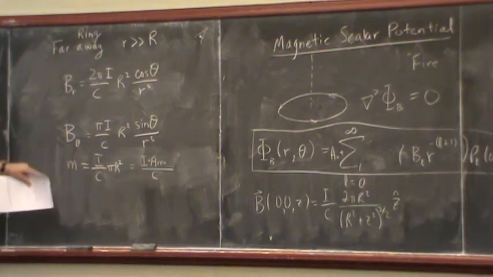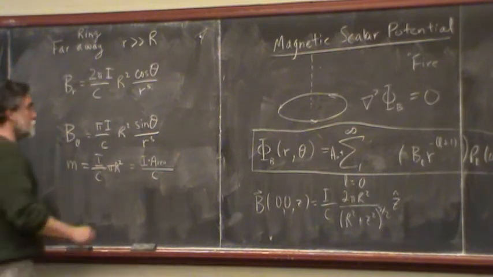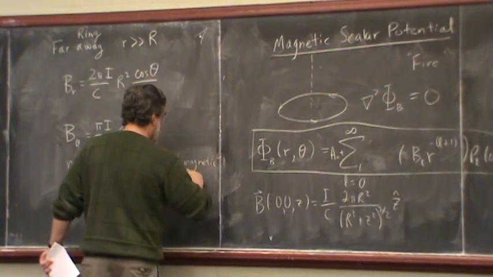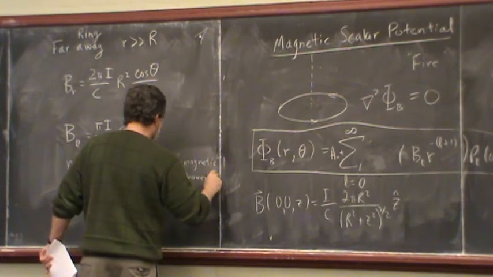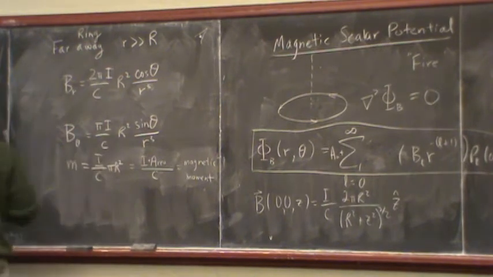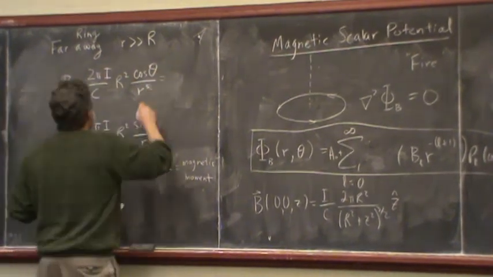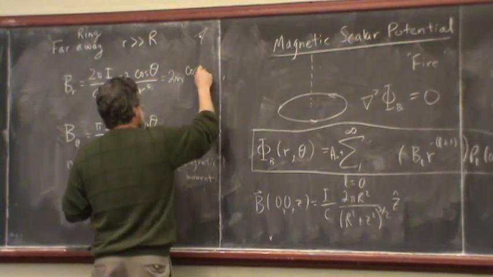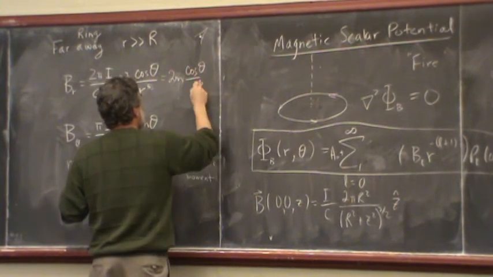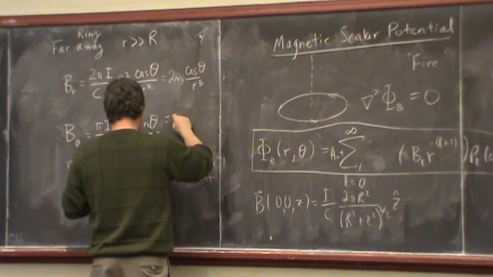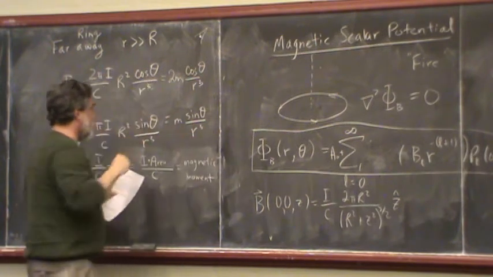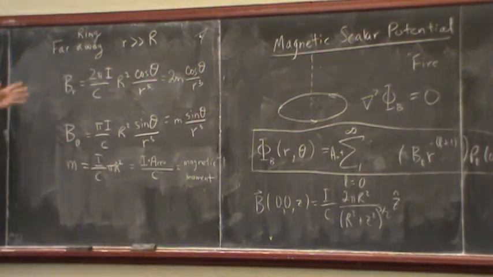And we're going to call that the magnetic moment. And then this becomes 2m cos theta over r cubed and m sine theta over r cubed. And that is the field due to a magnetic dipole.